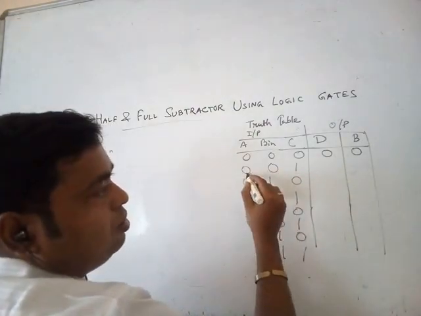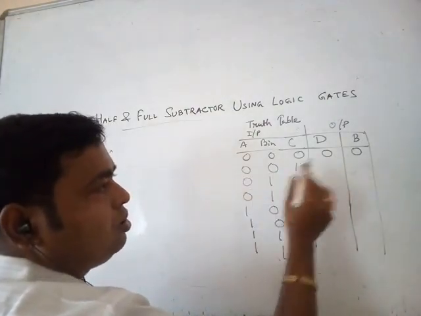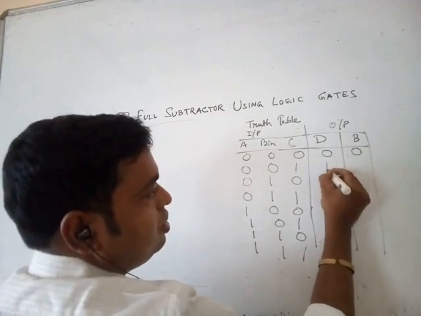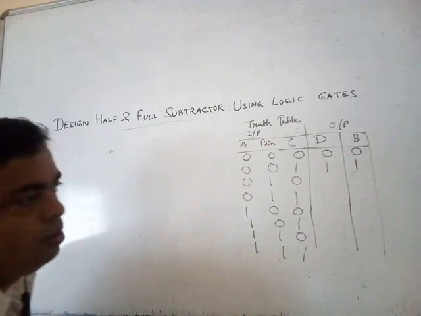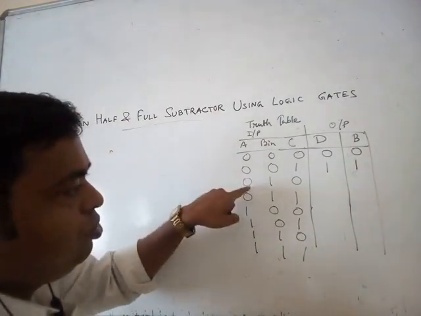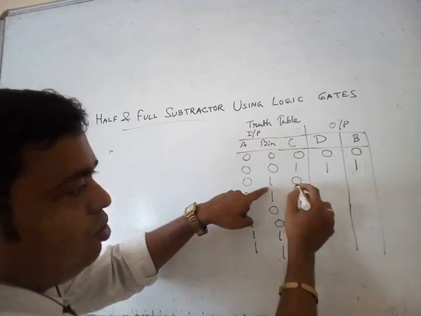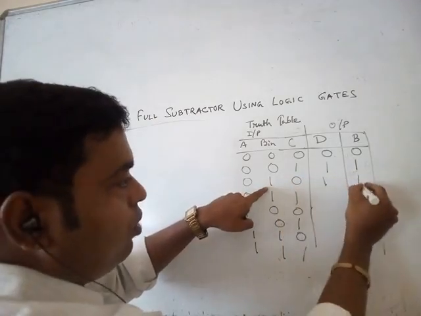Okay, 0 from 0 same. So 0, if we subtract 1 from 0, then difference is 1, borrow is 1. For these two, difference 1, borrow 1, and as this is 0, the output will be the same, 1 1.